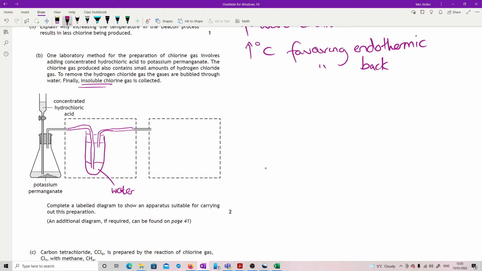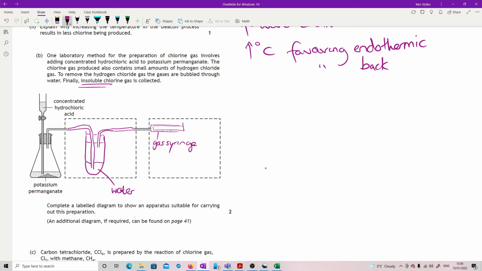Now, that actually gives you two options for the collecting. I think the simplest collection is to just collect it in a very neatly drawn gas syringe, and that's not as neatly as it should be because these bits here should be closer together. But the easiest, I think, is just to use a gas syringe.